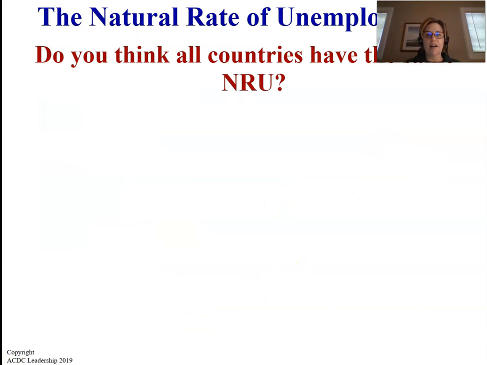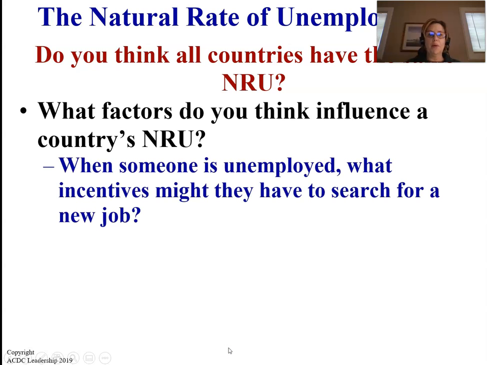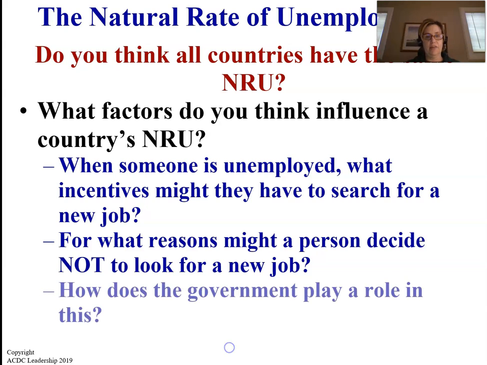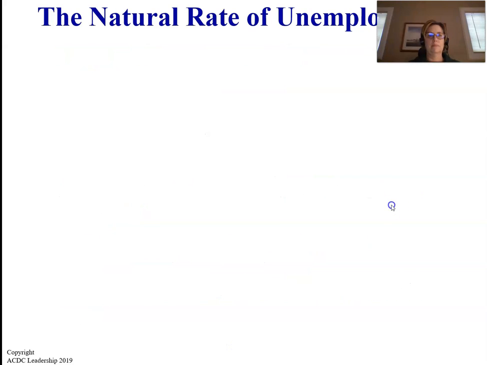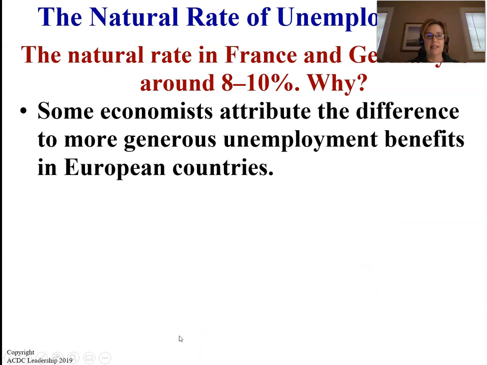Do you think all countries would have the same natural rate of unemployment? When someone's unemployed, what incentives might they have to search for a new job? For what reasons might a person decide not to look for a new job? And how does the government play a role in this? The natural rate of unemployment in France and Germany is around 8 to 10%.